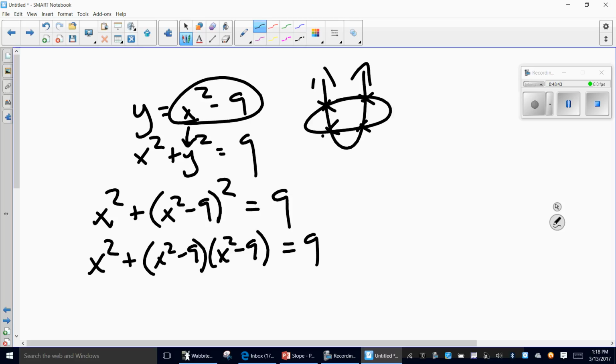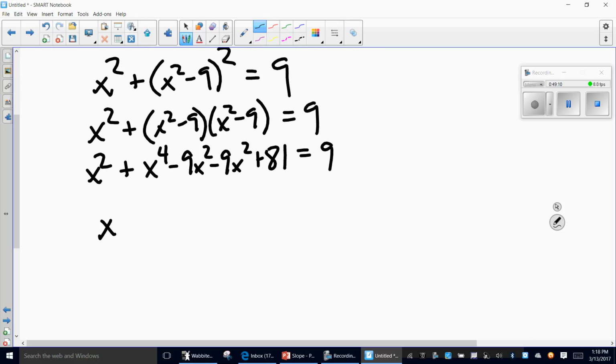I'm looking for what x's work for both of them. So when I FOIL this, this is going to make x to the 4th minus 9x squared minus 9x squared plus 81.